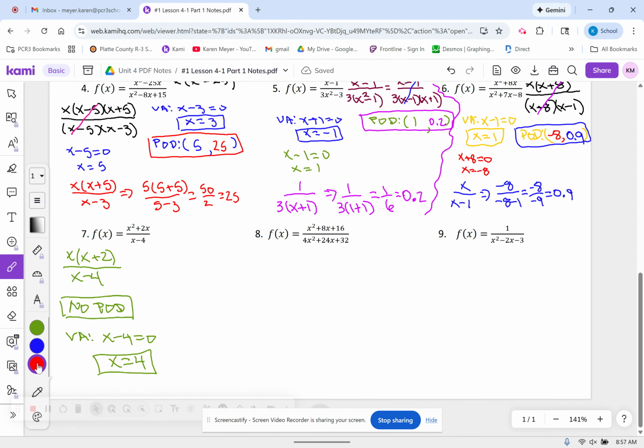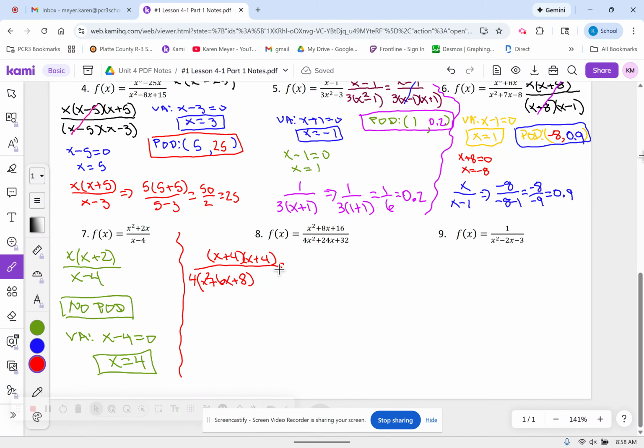Okay, 8. Fast factor the top. What multiplies for 16 that adds for 8? Well, that would be 4 and 4. So x plus 4 and x plus 4. On the bottom, I'm going to start by noticing it has a GCF. So I'm going to take out a 4, which would give me x squared plus 6x plus 8.